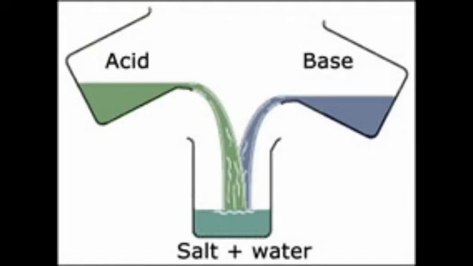So in general, we can state that when a base reacts with an acid, it gives us salt plus water. Now this reaction between an acid and a base to give us salt and water is known as a neutralization reaction. Remember this neutralization reaction as this will be used later in the chapter.